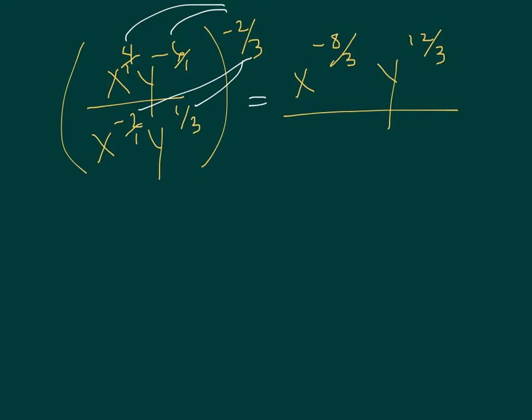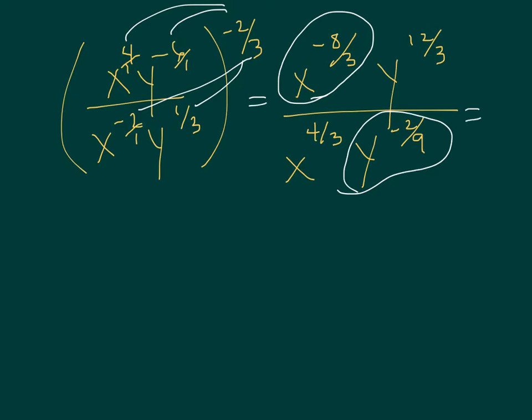Then I jump into the bottom, and that would be x to the +4/3, y to the -2/9. So once I have that distributed in, if you remember from a couple units ago, the next step is to take these negative exponents and make them positive.